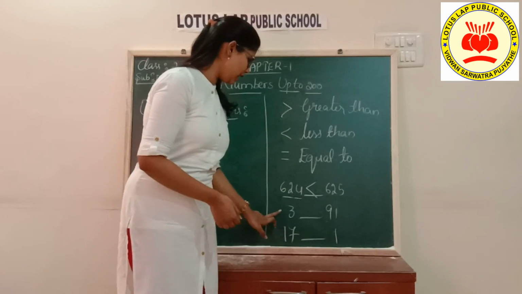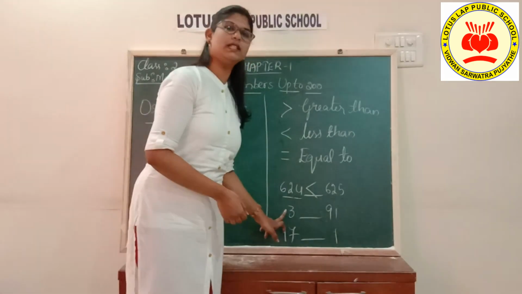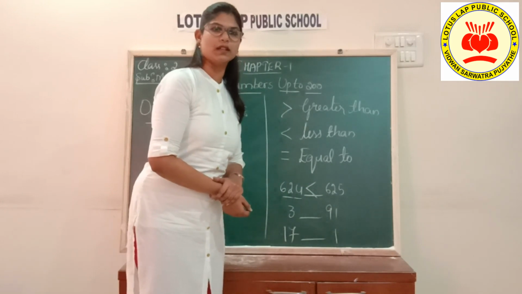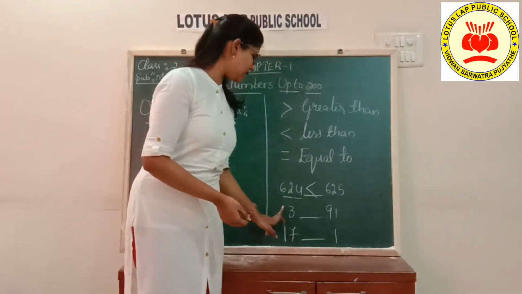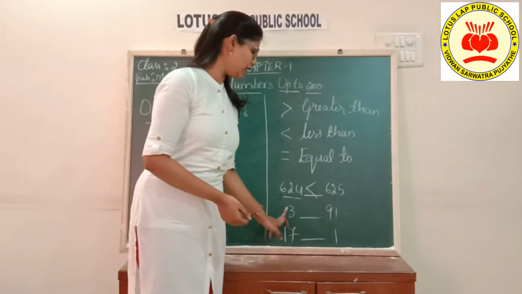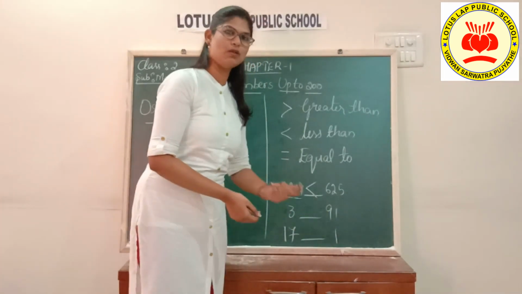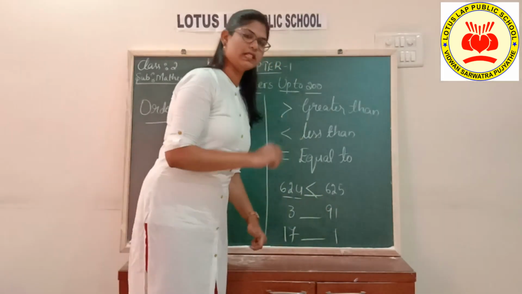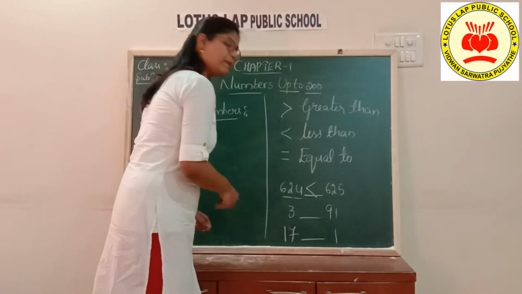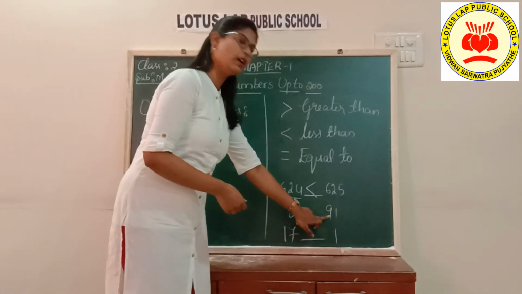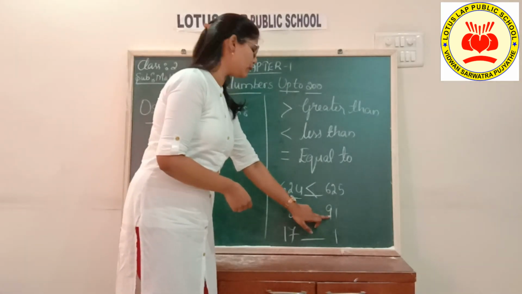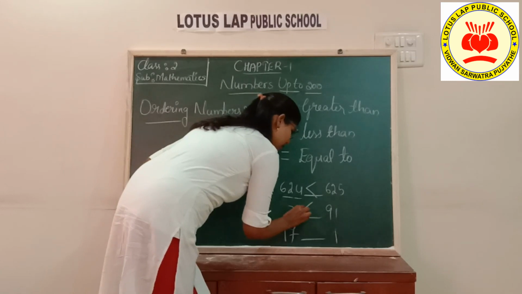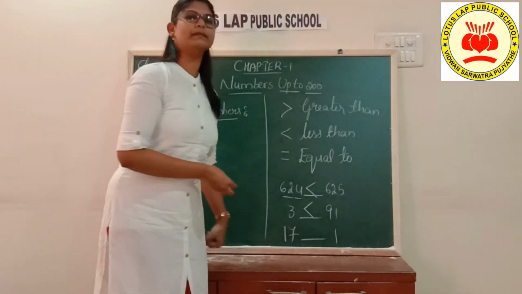Now here I have one digit. 3 is a one digit number and 91 is a two digit number. Here directly we can say 3 is smaller than 91, because 3 is a one digit number and 91 is a two digit number. The symbol will be, as I already told you, open end towards the two digit number and close end towards the smaller number.